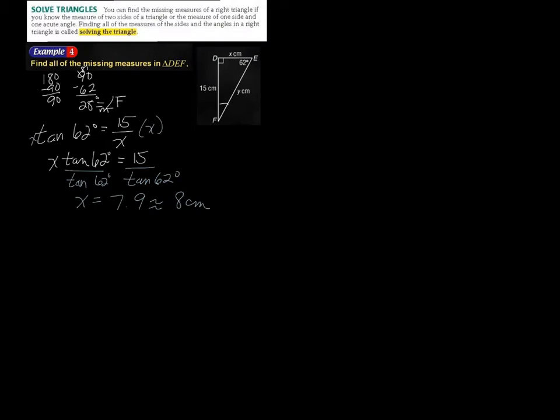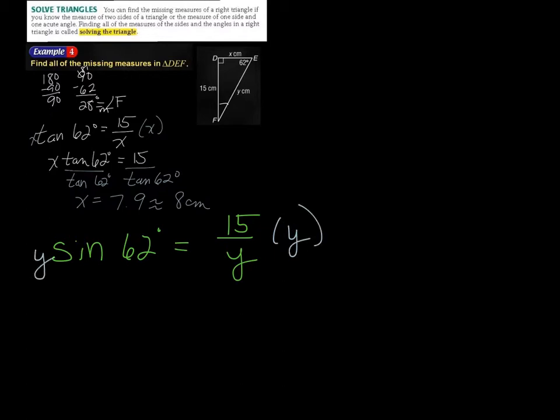We still need to find side y. Y is the hypotenuse, and we know opposite. So the ratio of opposite to hypotenuse is sine. So sine of 62 is the ratio of the side opposite to hypotenuse. And once again, we've got the variable in the denominator, so let's multiply both sides by y. So now I have y sine of 62 equals 15.